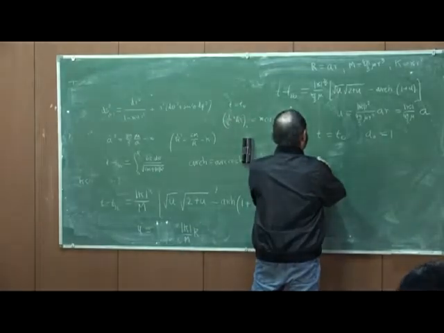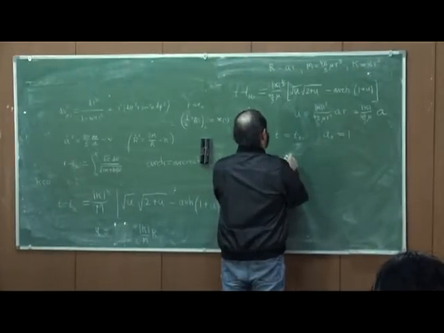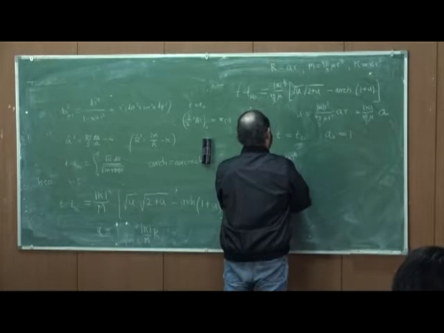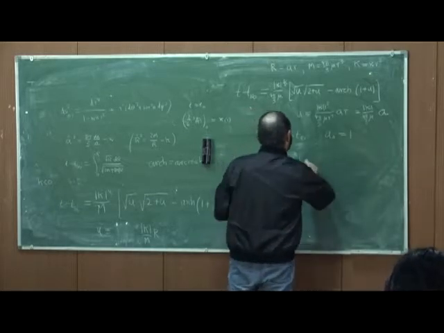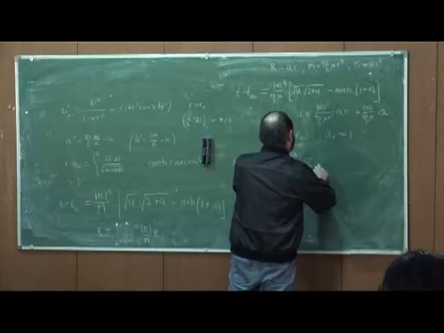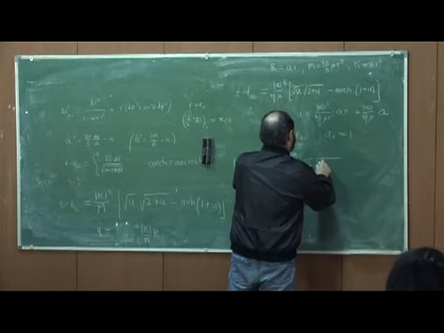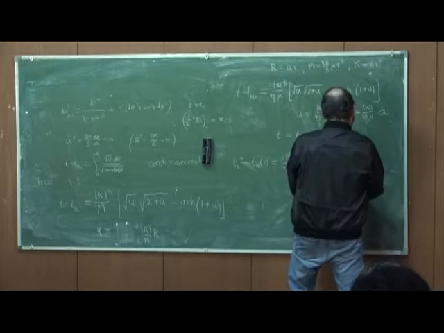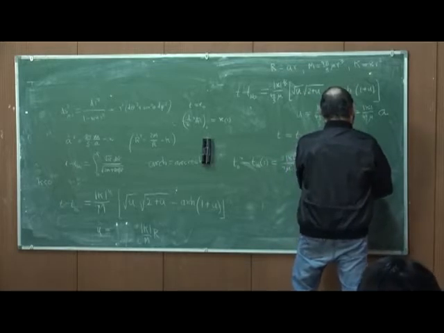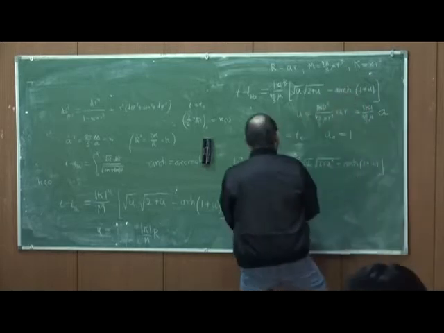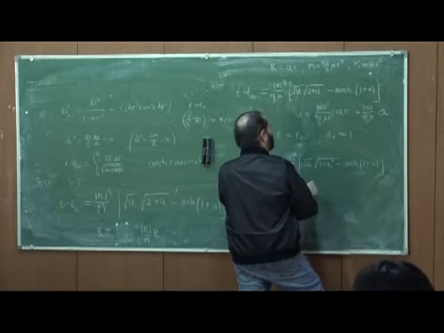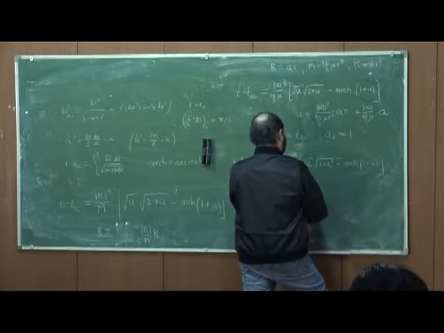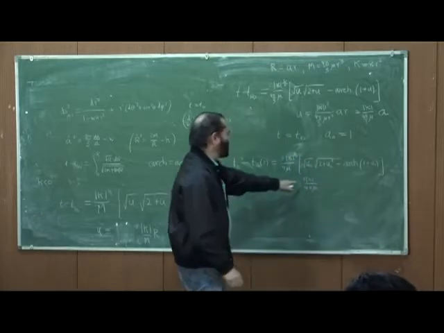This will be equal to 3 kappa to the 3 halves by 4 mu, multiplying u0 times 2 plus u0, minus hyperbolic sine inverse of 1 plus u0, where u0 is identical to 3 kappa by 4 pi. Okay. So this is a function of r.